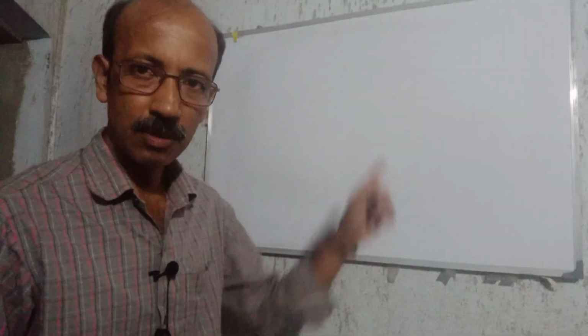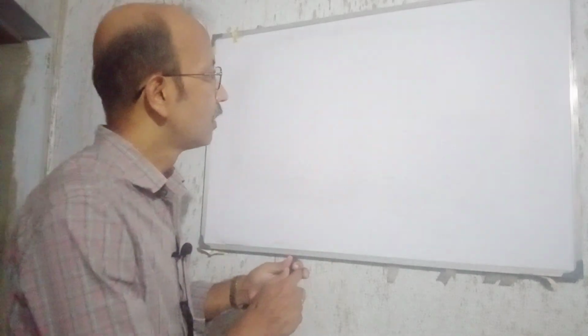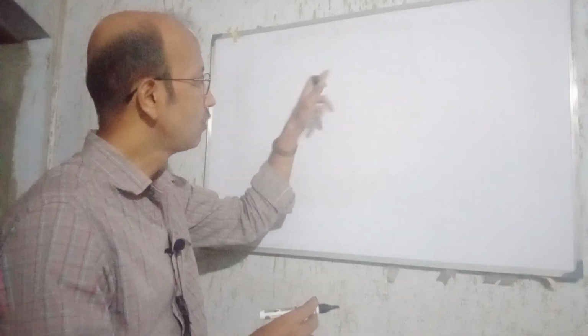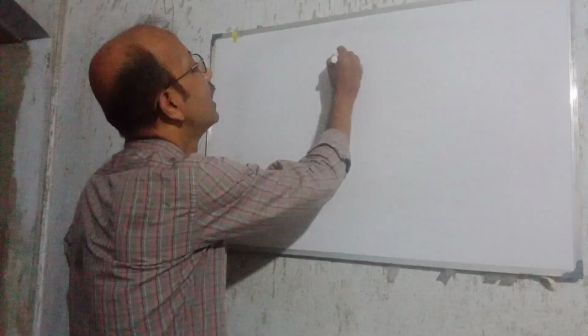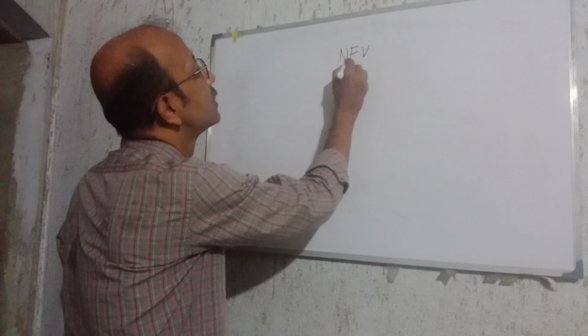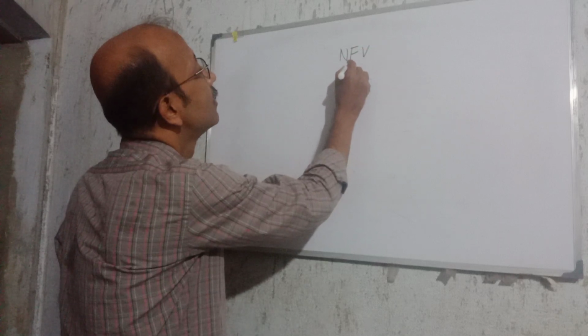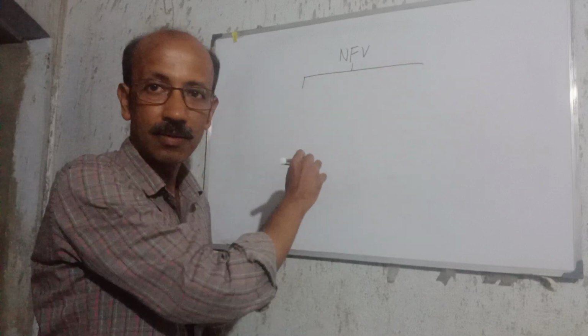So let's come to the board and watch what I am writing here. First of all, I will draw a chart called non-finite verb, which I will write as NFV. Non-finite verbs are of three kinds.